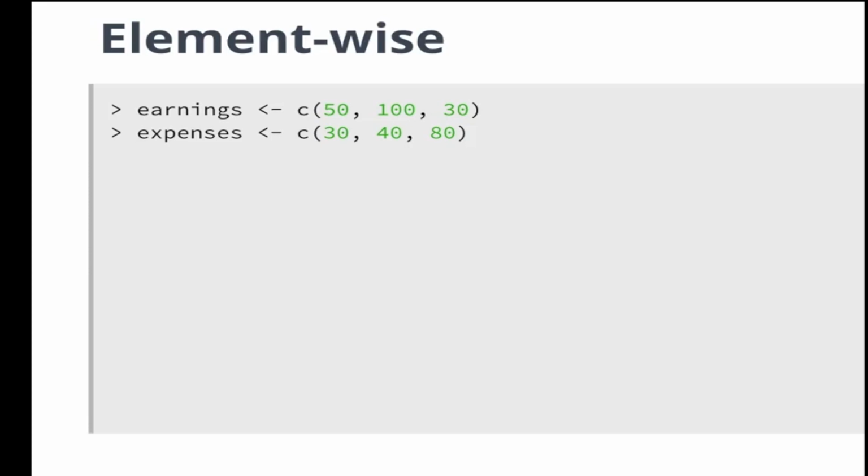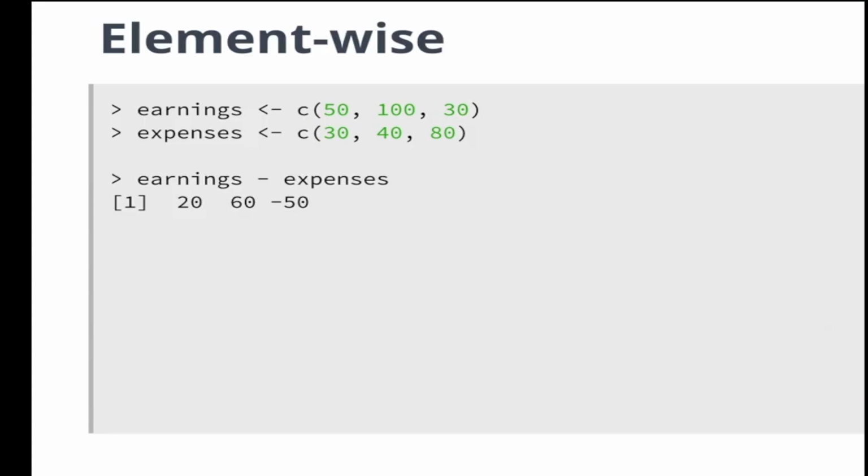Once again, this is fairly easy in R. You can simply subtract expenses from earnings to find your daily balance. This time, the mathematics were also calculated element-wise. The first element of expenses was subtracted from the first element of earnings. The second element of expenses was subtracted from the second element of earnings, and so on.